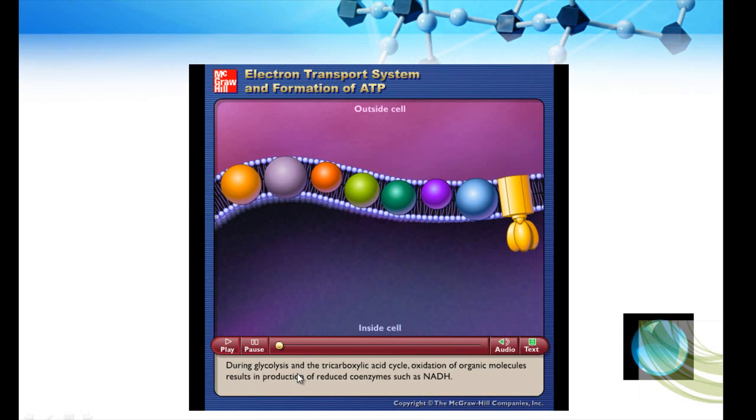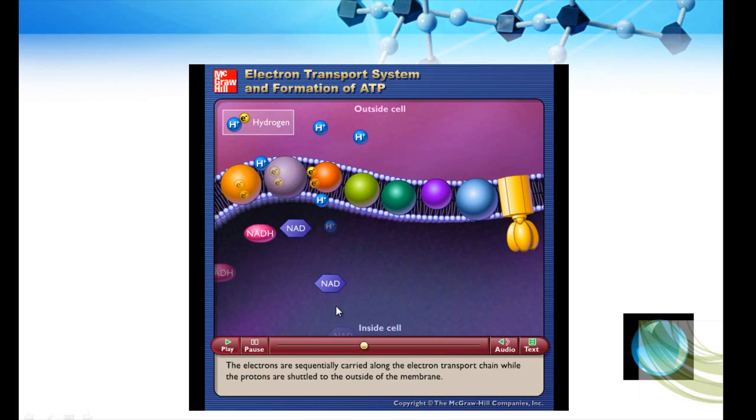Here's another version I want to look at. It looks a little different. Here's the NADH. It splits into hydrogen and electron. There's an oxygen molecule. When it drops off its hydrogen, which splits, it's an NAD. It goes back to the previous steps and just picks up more hydrogens.